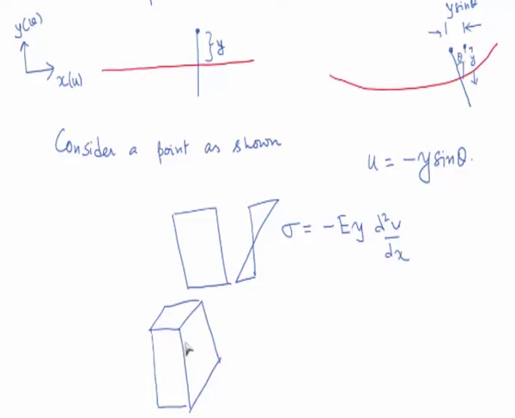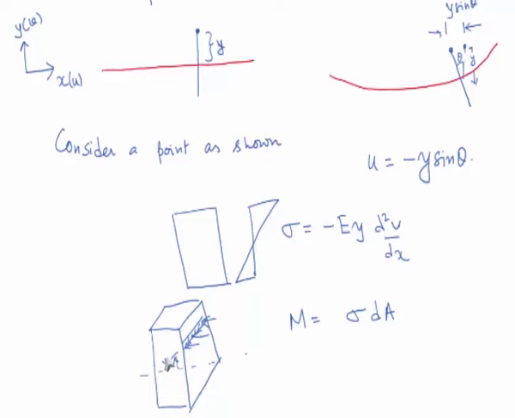Okay. So if I take a small section here, the way I have drawn it, it's under the action of compressive load. So for this compressive load, I want to find out what is the moment. The moment is definitely sigma times dA of this small area multiplied by y, the distance from the x axis running through this point.